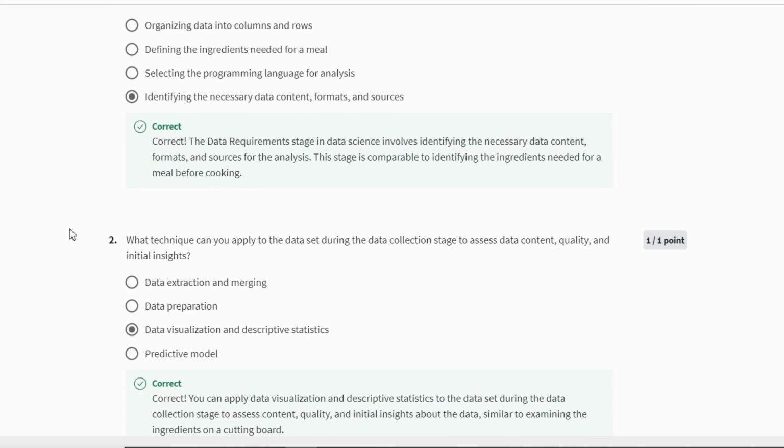Second, what technique can you apply to the data set during the data collection stage to assess data content, quality, and initial insights? Data visualization and descriptive statistics. Why is this important?